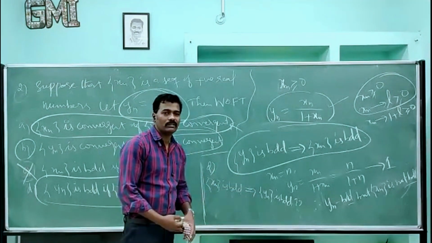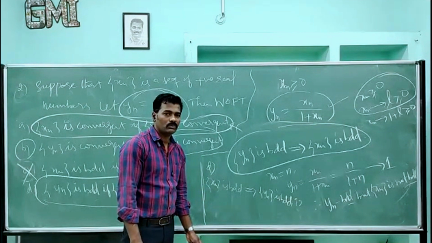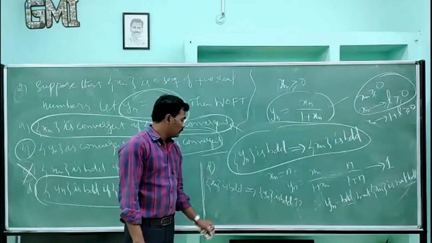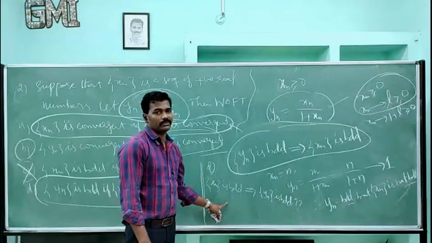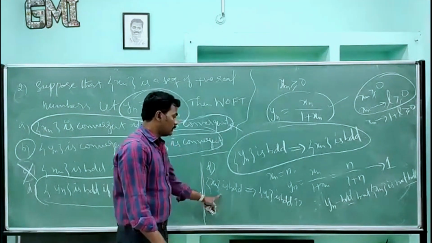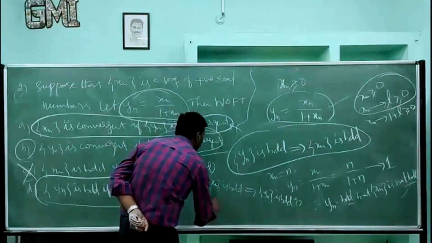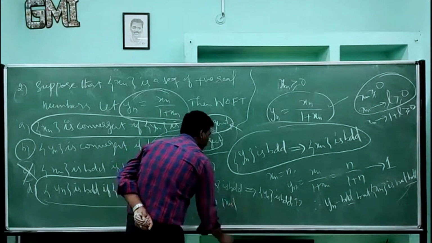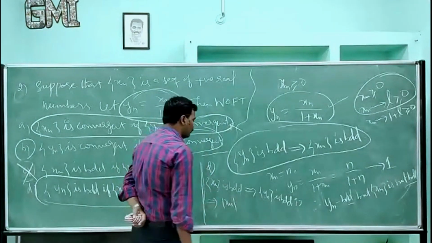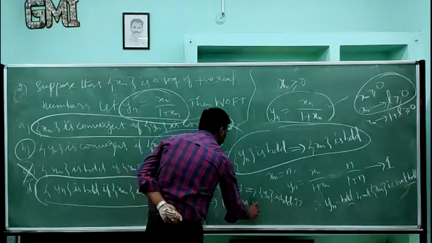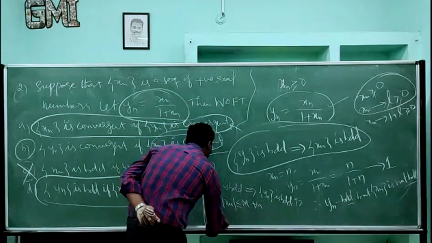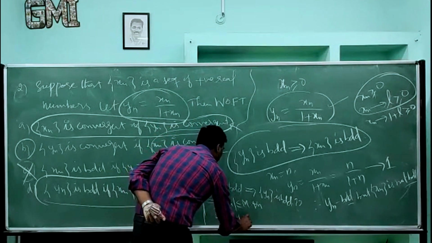How are we going to prove it? Xn is positive. Therefore, xn bounded means, thinking of the usual metric, modulus of xn is less than or equal to some M for all n.